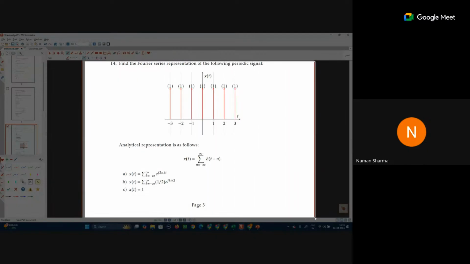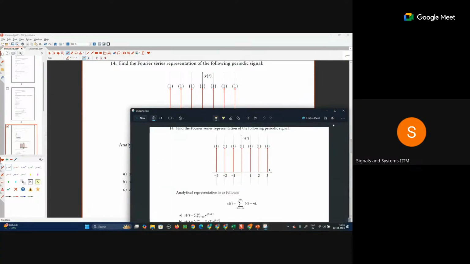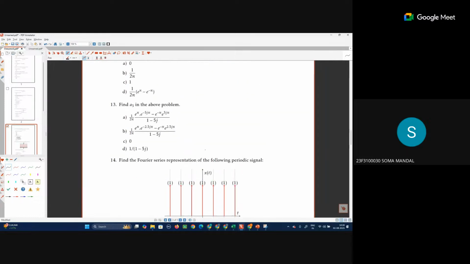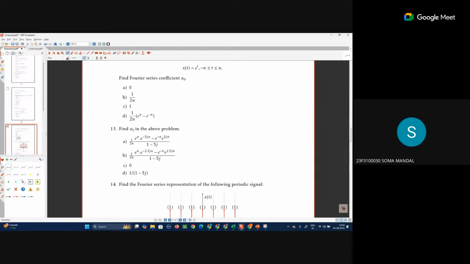Similar questions will be there in the quiz too, no? Ma'am, in the previous question there is a5, you have to find a5. The question I missed it. Yeah, then here it is 1 by 2 pi into the answer, but in the mock question there is no 1 by 2 pi.